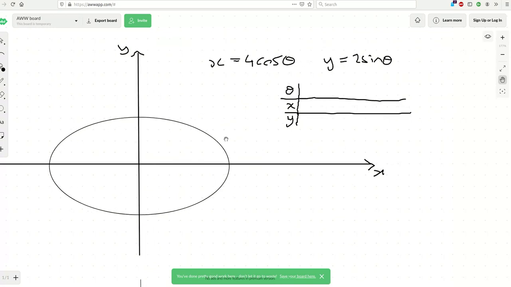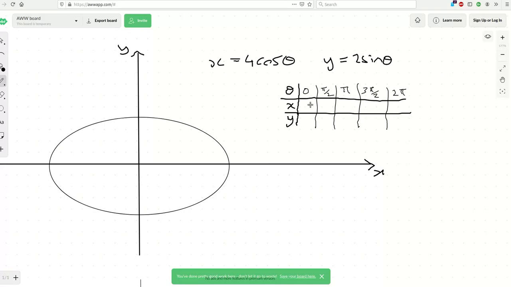a parametric equation, and I wanted to point out straight away, your values of theta will depend on where you are on the curve. So if we do the sort of classic ones, 0, pi over 2, pi, 3 pi over 2 and 2 pi, then we can see this as a lived curve, which is how you should always view a parametric equation, like as something which moves you around the curve.